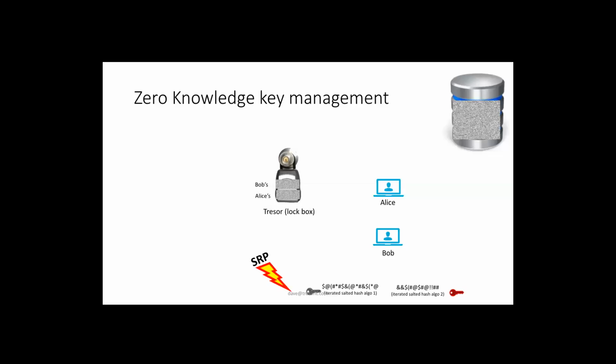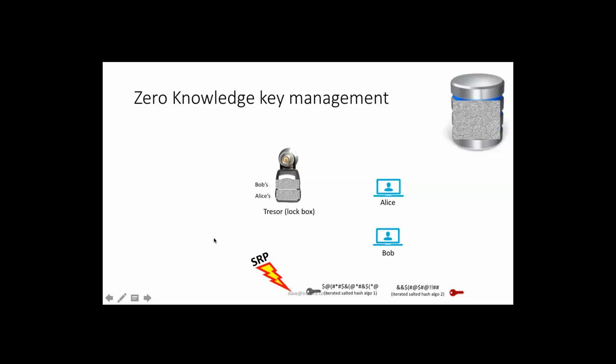It's a Stanford-built protocol. About 25 years ago, Stanford built it. Long story short, SRP gives you a way not to store password hashes, but instead store something like a large number that you derive from Bob's password. And the beauty of SRP is that when you authenticate the user, instead of generating the hash of that password at login time and comparing it with the hash on the server, we don't do that.